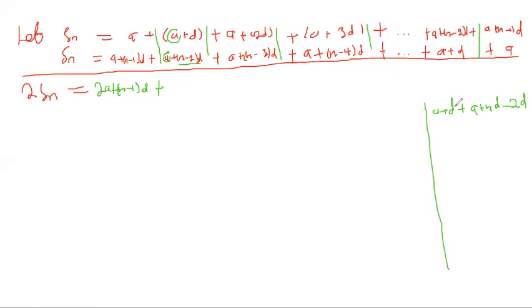So a plus a gives us 2a, then d minus 2d gives us negative d. So it is as well giving us, when we factorize out a d, 2a plus n minus 1 times d. So we shall also write it here.